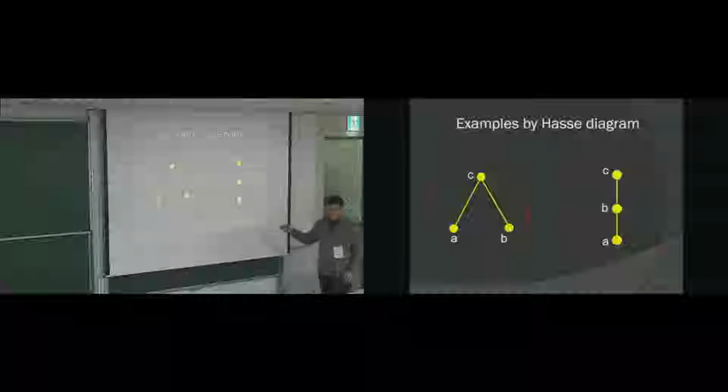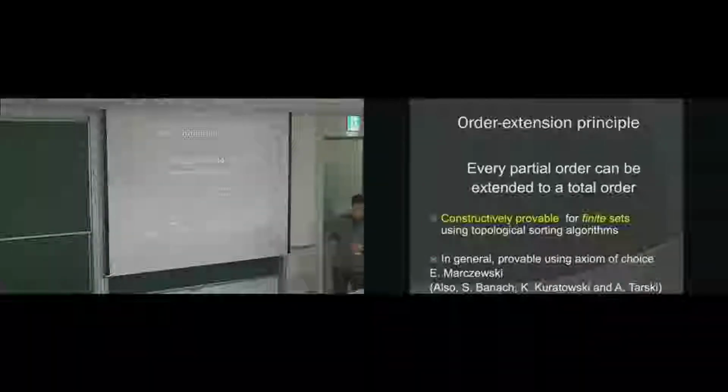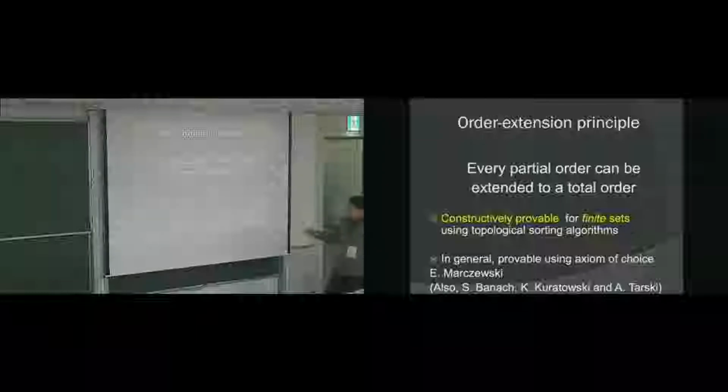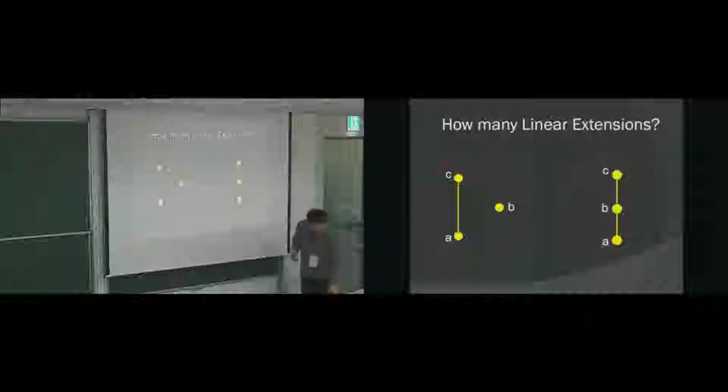I proved it by example, and another example, so I proved it twice. But this can be constructively proved using a topological sorting algorithm. For infinite partially ordered sets, we need the axiom of choice to prove this. So we know there is one for every poset.